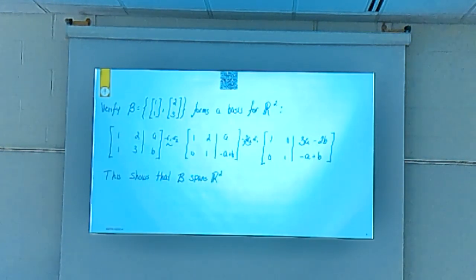That row reduction shows that B definitely spans R2. If you just set A and B to be 0, it shows that you only get one solution, right? The trivial solution.